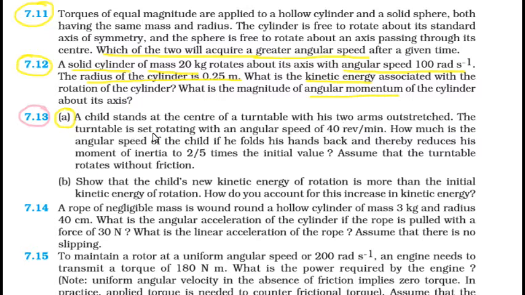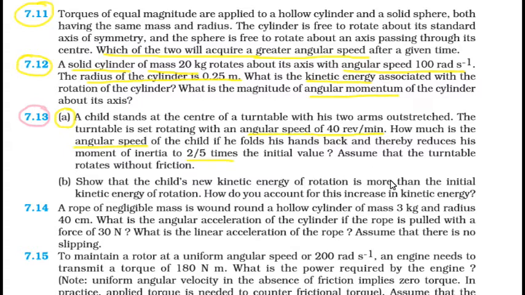The turntable is set rotating with angular speed 40 revolution per minute. How much is the angular speed of the child if he folds his hands back and thereby reduces his moment of inertia to 2 upon 5 times the initial value?